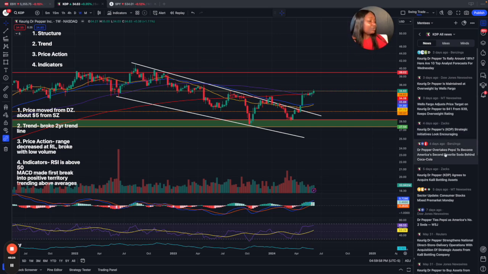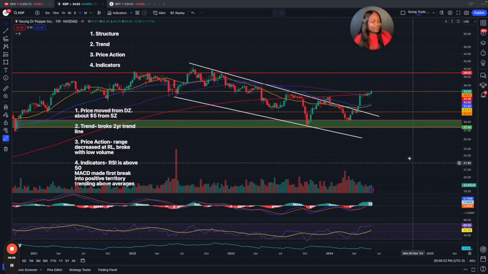Dr Pepper overtakes Pepsi to become America's second favorite soda and most bought, behind Coca-Cola. I absolutely suggest that you look at the annual revenue for Coca-Cola and Dr Pepper and the quarterly revenue and compare those. Maybe Dr Pepper might be at the top sometime soon, right? So they're in the news. They got people watching them, stuff going on.